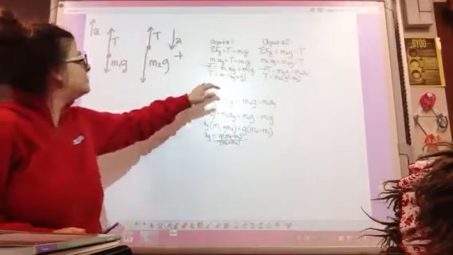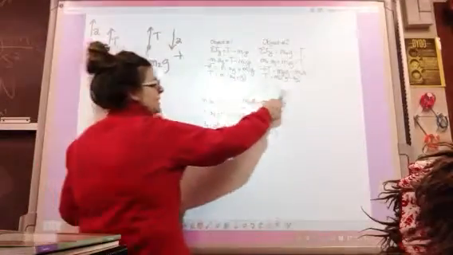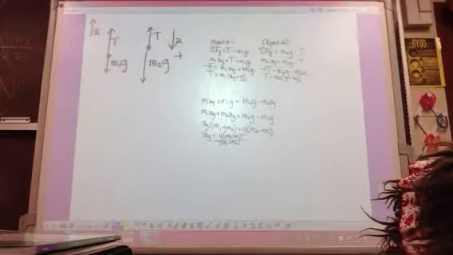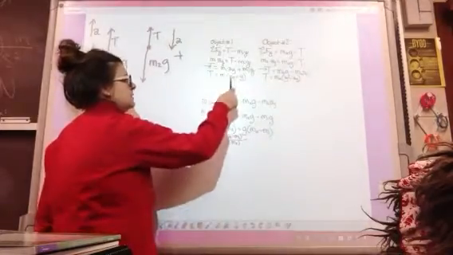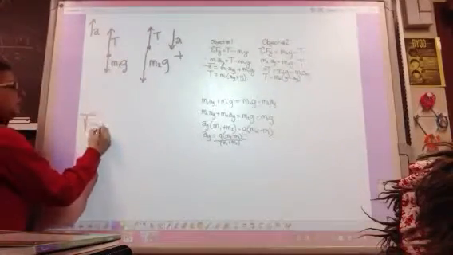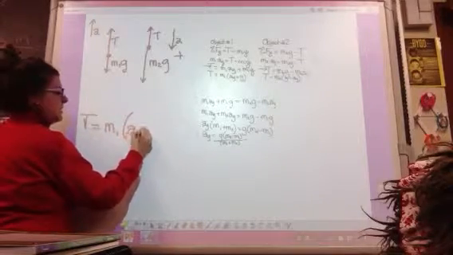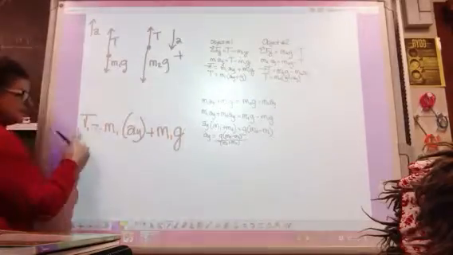And I have two different things here for tension, but this one's only thinking about m1, and this one's only thinking about m2. So in that case, how about we just plug in to find tension here? We said we'll just take m1 times ay and then plus m1 times g. That's what we said tension would be.